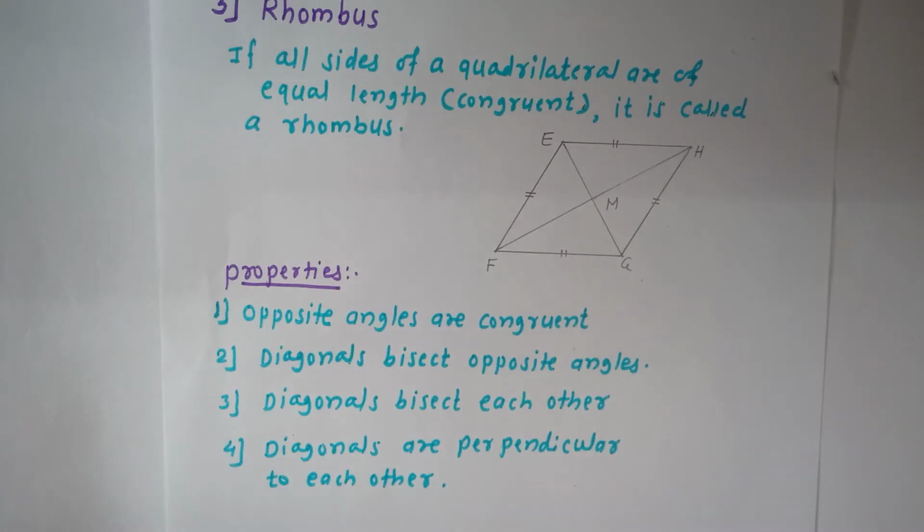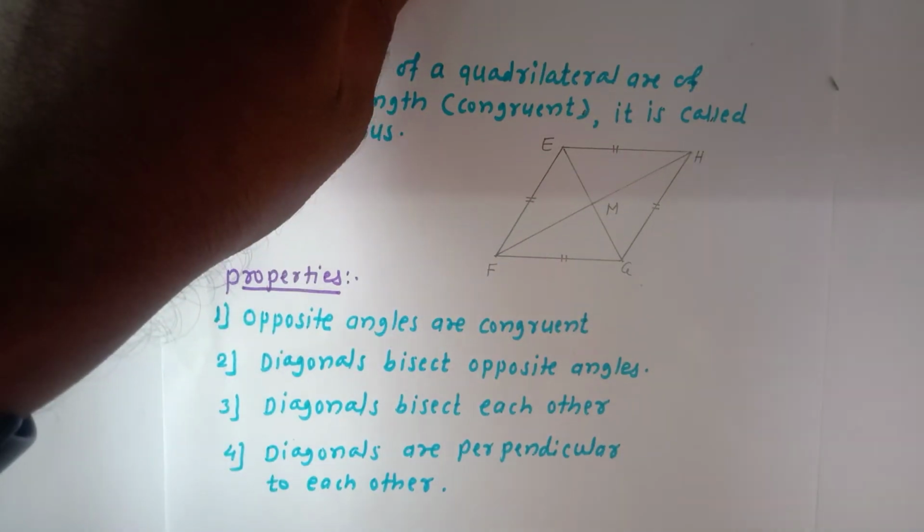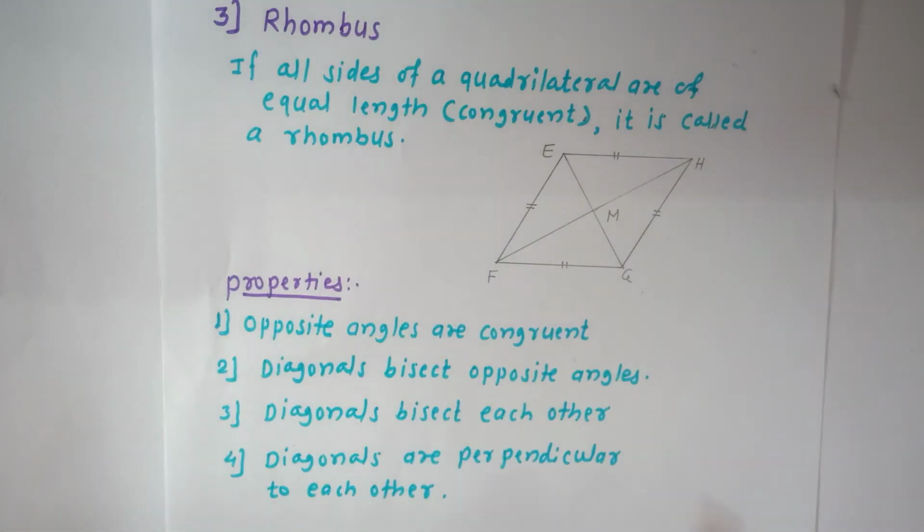Now number 3 is a rhombus. So what is meant by rhombus? If all sides of quadrilateral are of equal length, means congruent, then it is called as a rhombus.